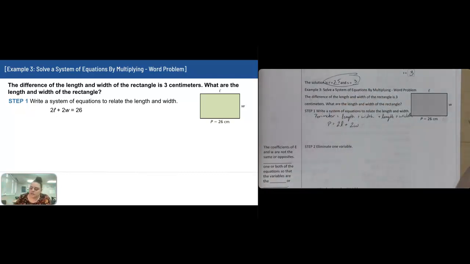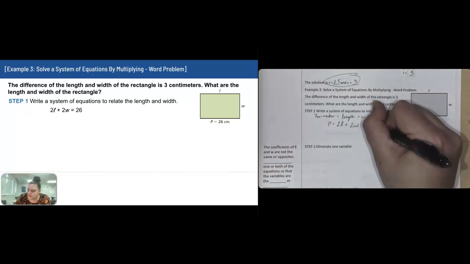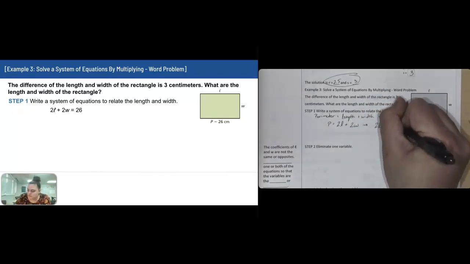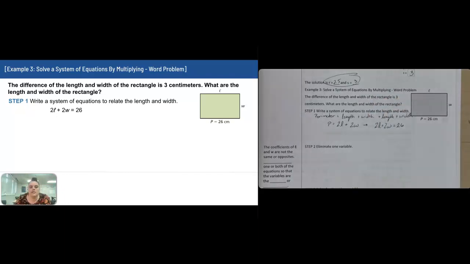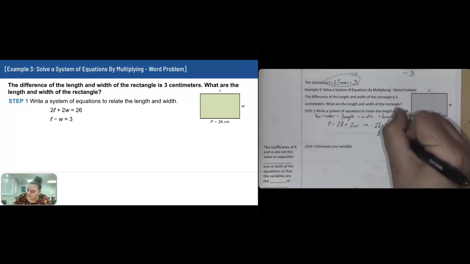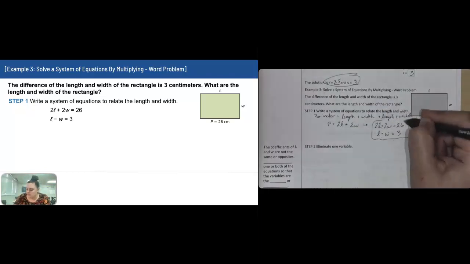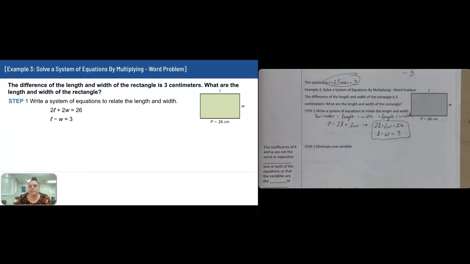And we know in this case that the perimeter is 26, so we can write that 2L plus 2W equals 26. We were also told that the difference of the length and the width is 3. So here we have our system of equations.